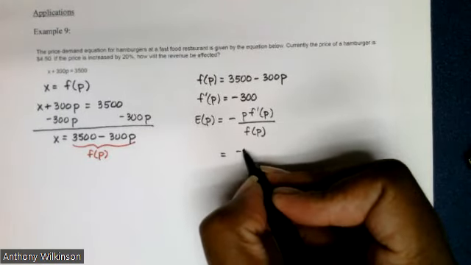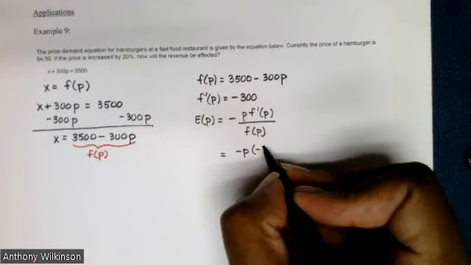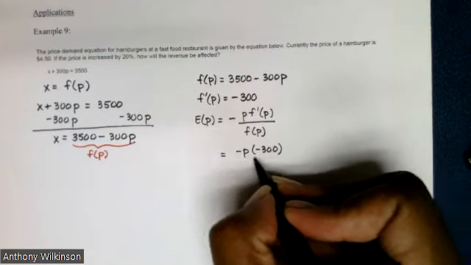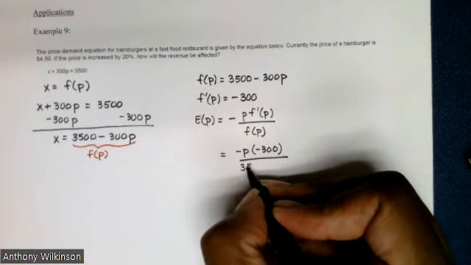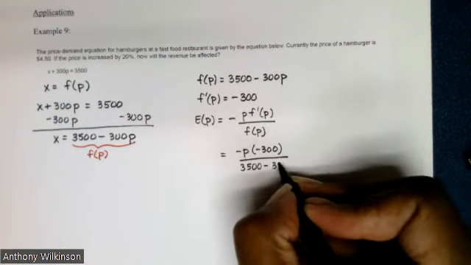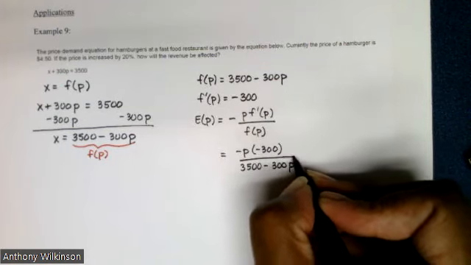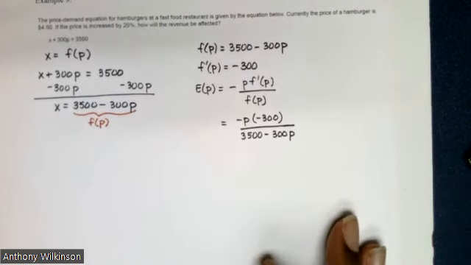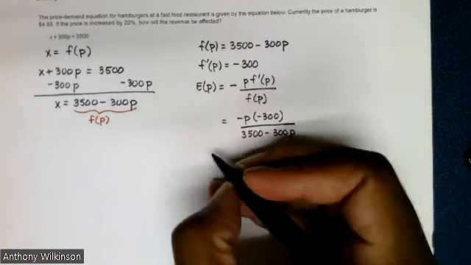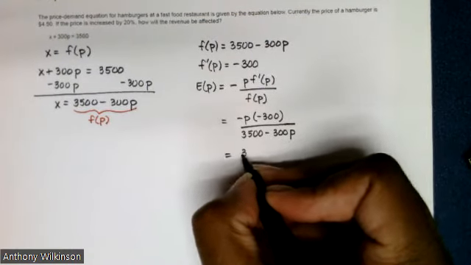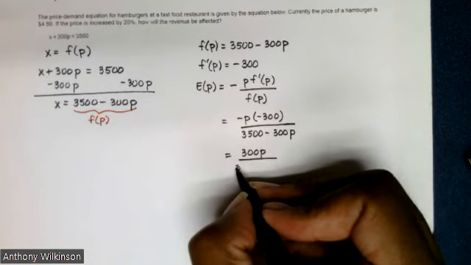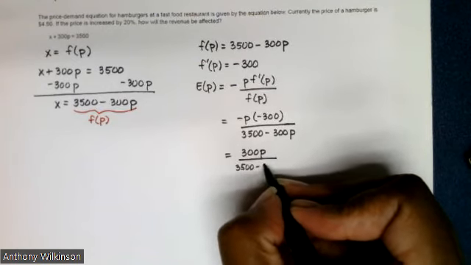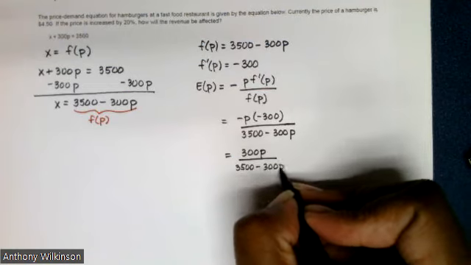So here we got negative p times f prime of p, which is negative 300, divided by f of p, which is 3,500 minus 300p. So if I simplify this, this will be positive 300p over 3,500 minus 300p.